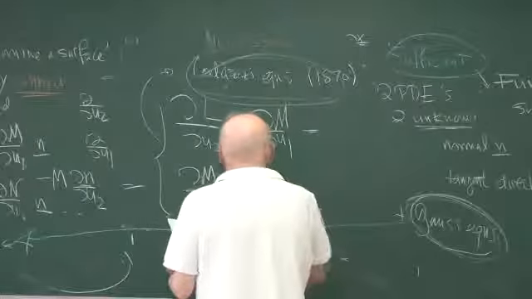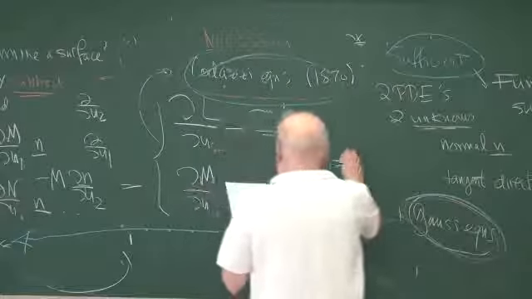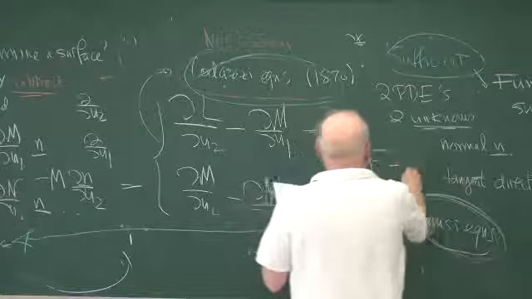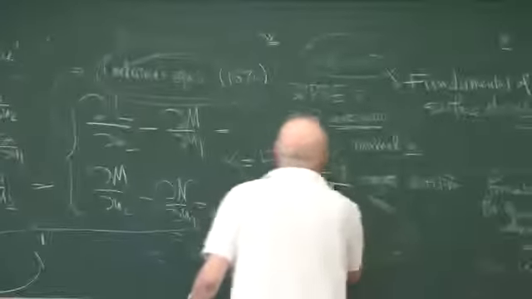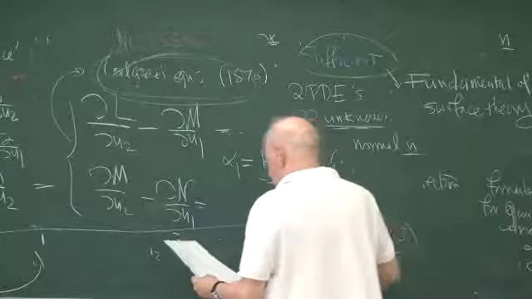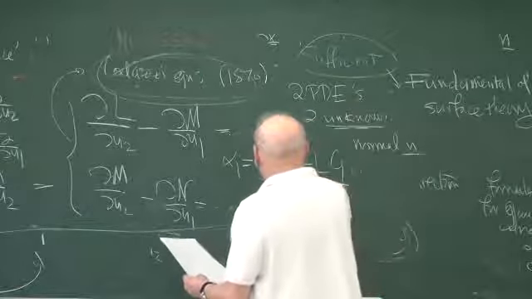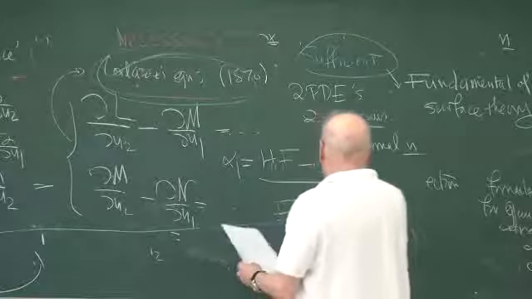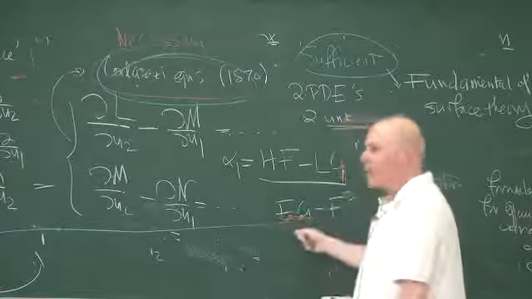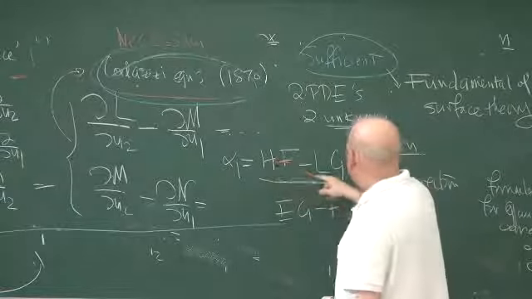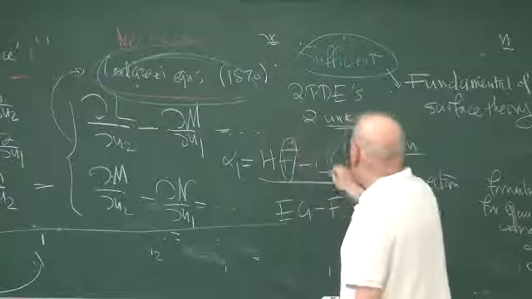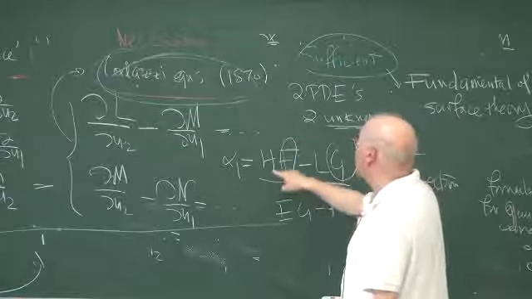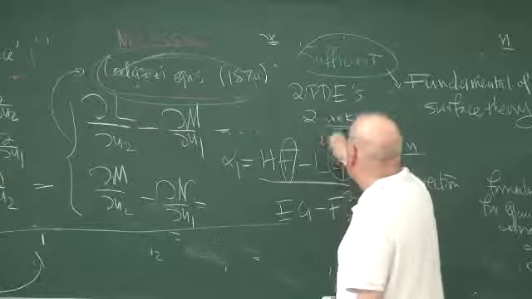I'll give you one just to show you what it looks like. Alpha 1 is HF minus LG over EG minus F squared. Here E, F, G are from the first fundamental form, and L, M, N are from the second fundamental form.